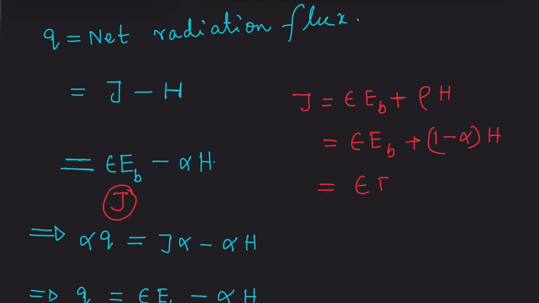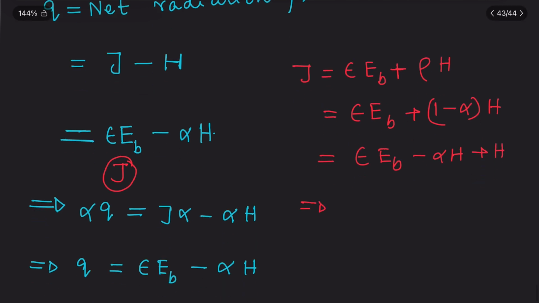So this will be this minus alpha H plus H. Now you see my J minus H is equal to epsilon into EB minus alpha H, and this is equal to my Q, the net radiation flux.